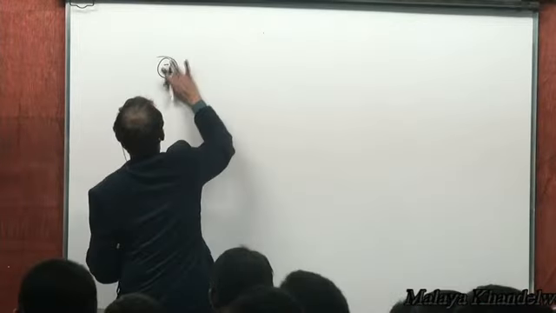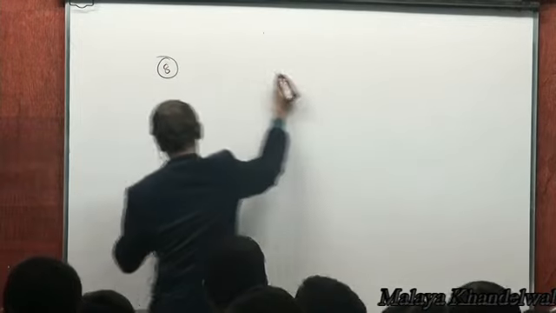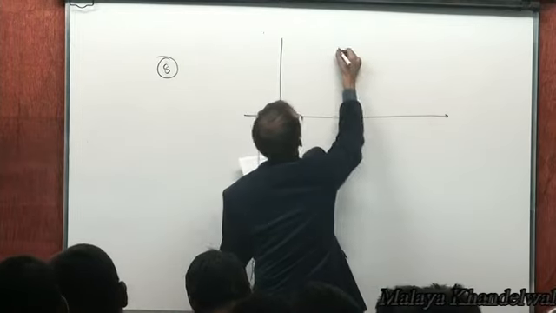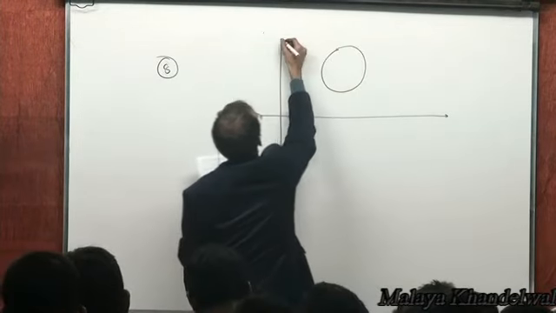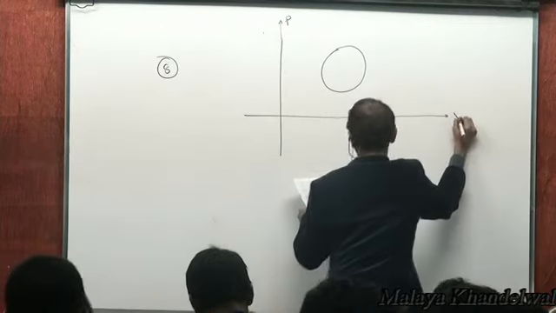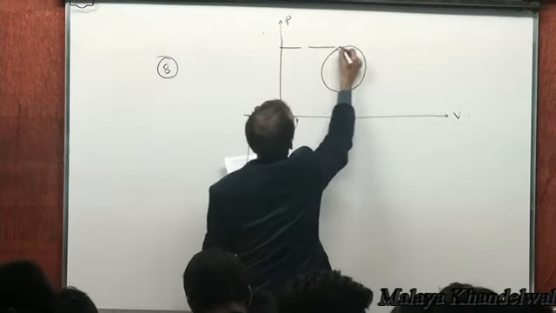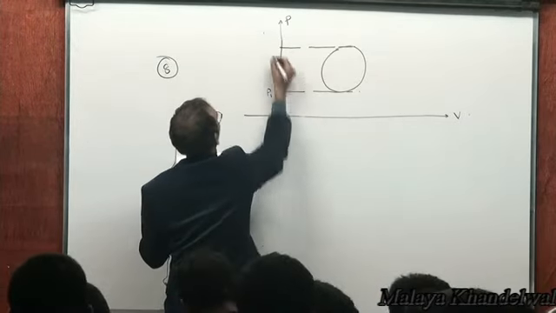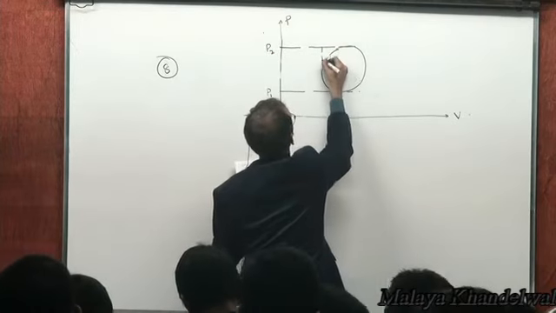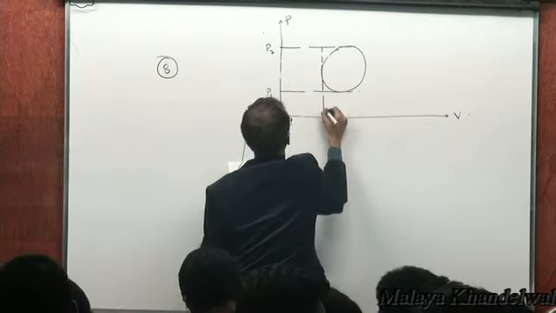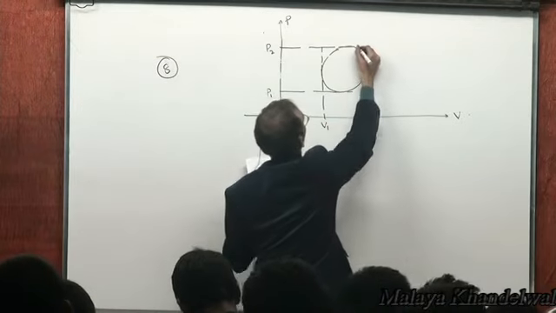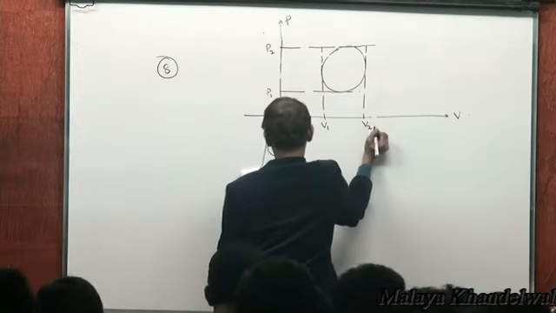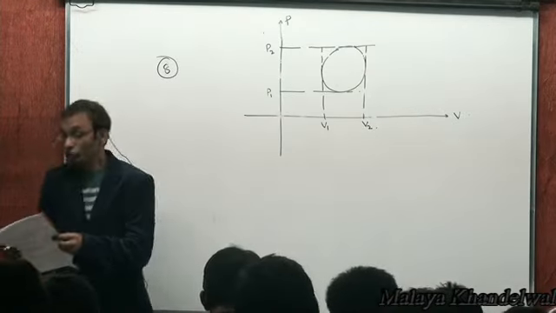Now, see, in this figure, a P versus V graph, which is circular, with pressures P1, P2 and volumes V1, V2.